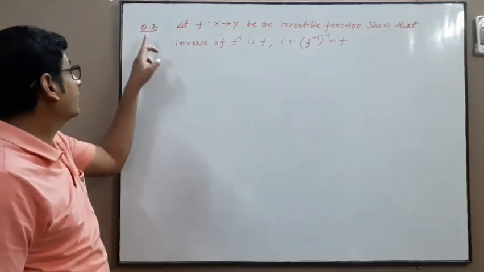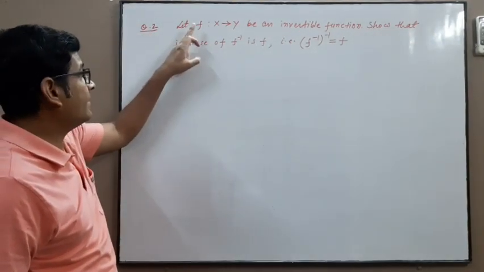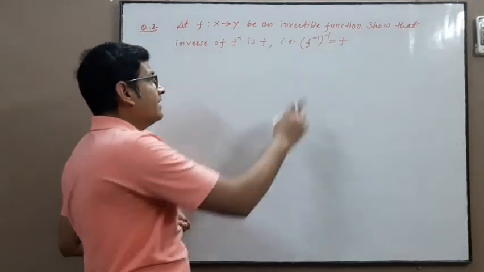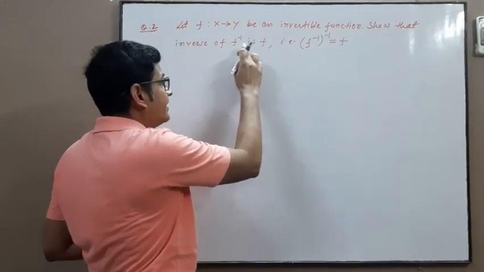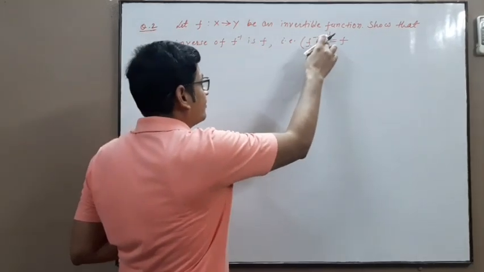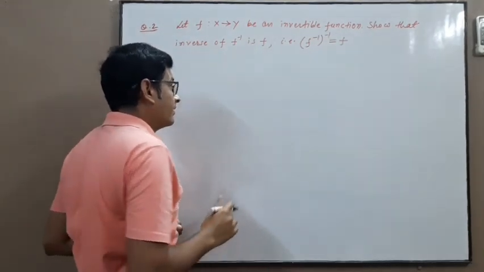Next problem, question number 2. Let f, a function from X to Y, be an invertible function. Show that the inverse of f inverse is f, that is, (f inverse) whole inverse equals f.